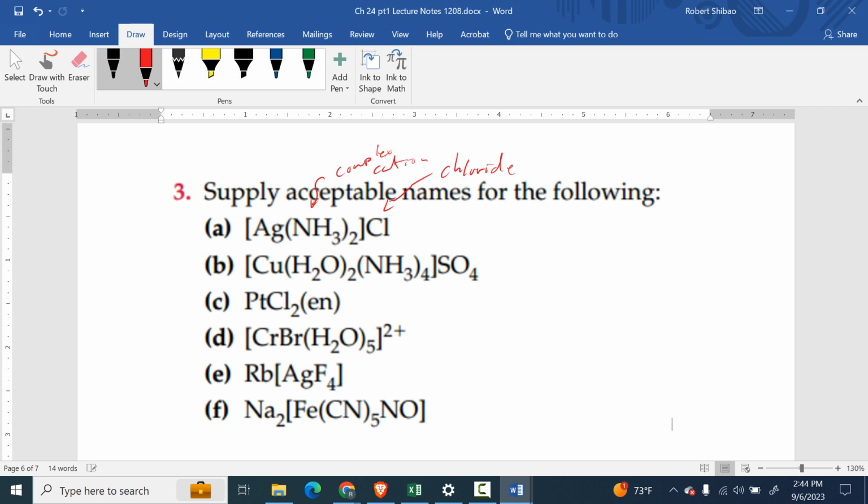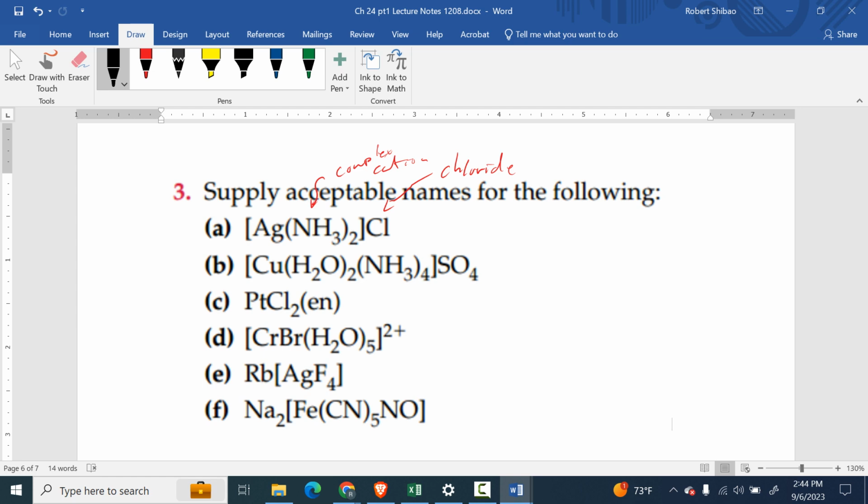So let's name the complex cation first. If the metal is coming first, then we want the metal to come last. And so we do the opposite. So when I look at the formula, the metal's coming first, therefore the ligands come first here. And so what's the name of the ligand here?